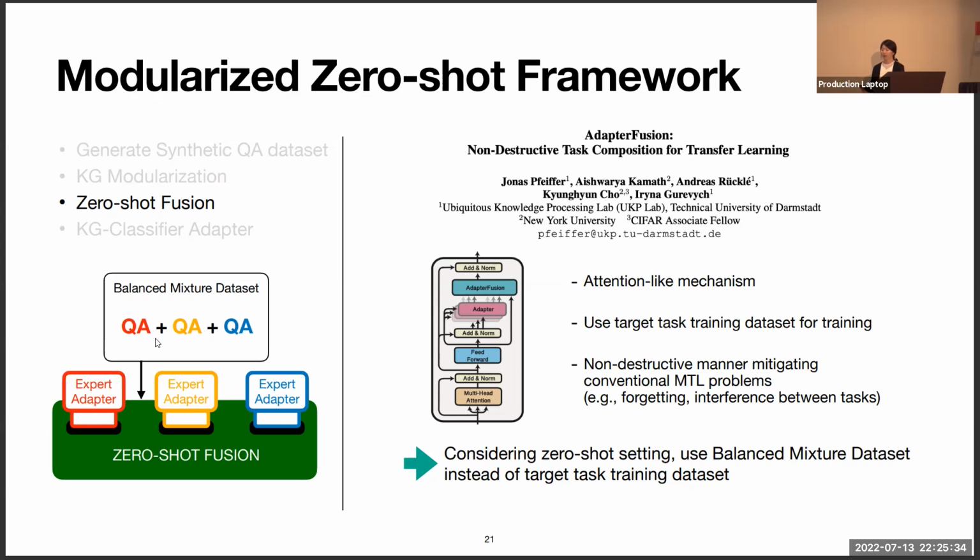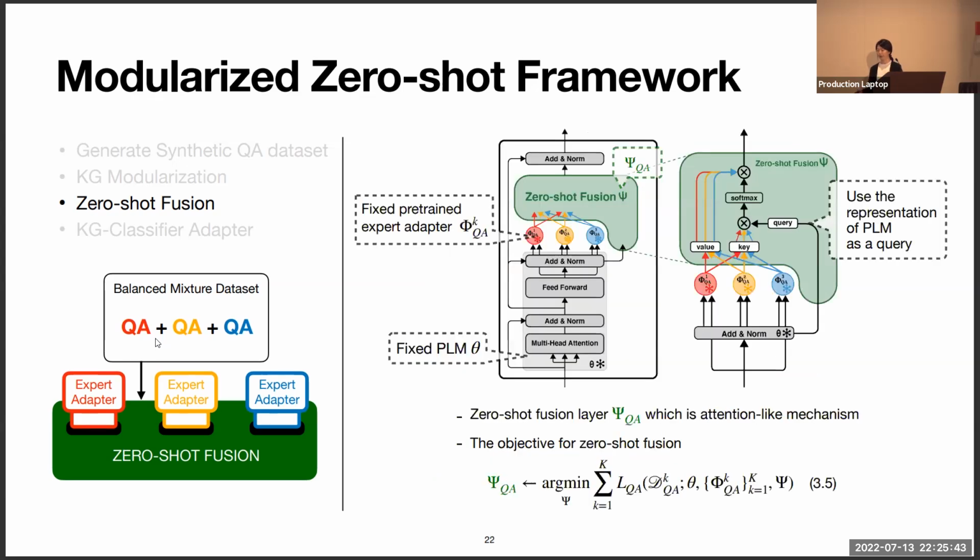In this case, considering the zero-shot setting, we use the balanced mixture dataset instead of the target task training dataset for fusion training. As in adapter training, we add the fusion layer into the transformer block. And actually AdapterFusion is an attention-like mechanism. So we use the representation of the pre-trained language model as a query and the representation of the expert adapters as a key and a value.